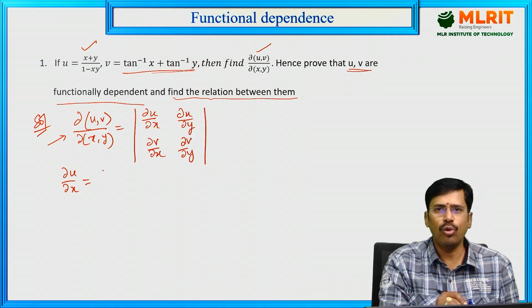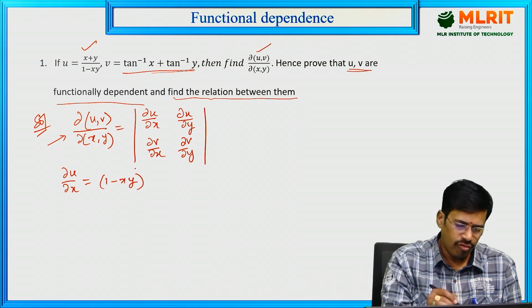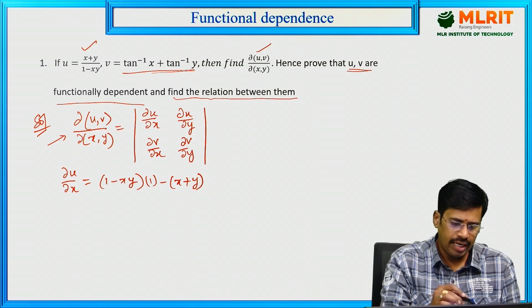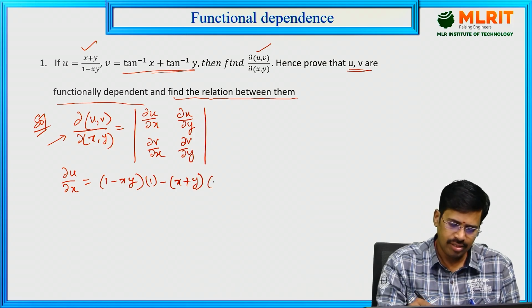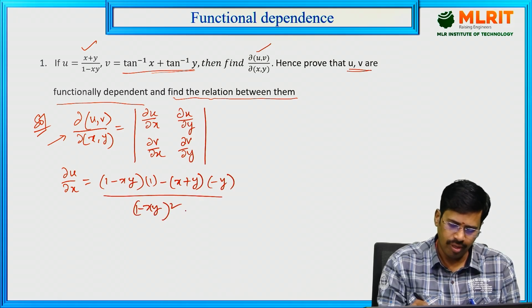So let us apply the u by v rule. (1 minus xy) into the derivative of x plus y, which is 1, minus (x plus y) into the derivative of 1 minus xy with respect to x, that is minus y, divided by (1 minus xy) whole square.